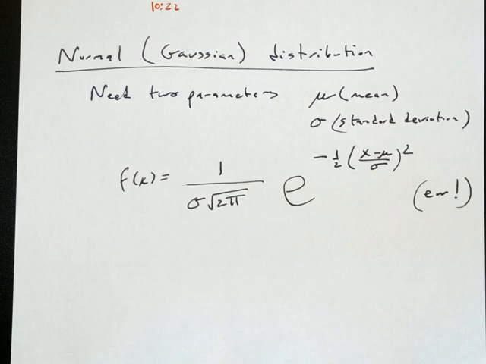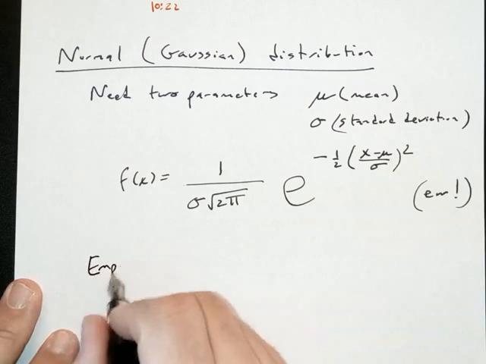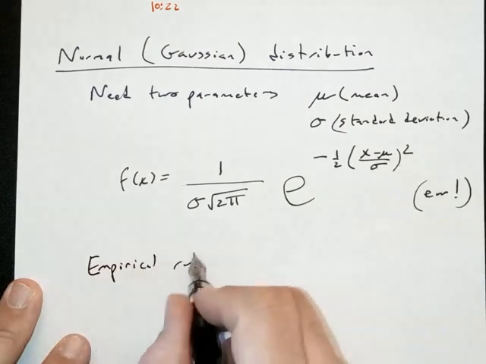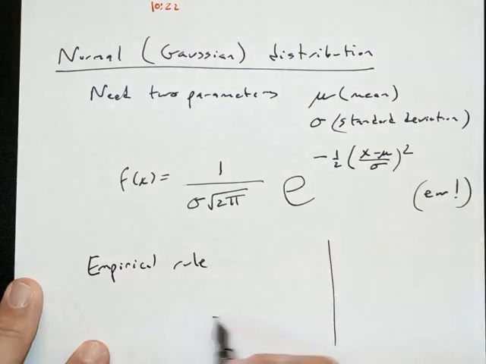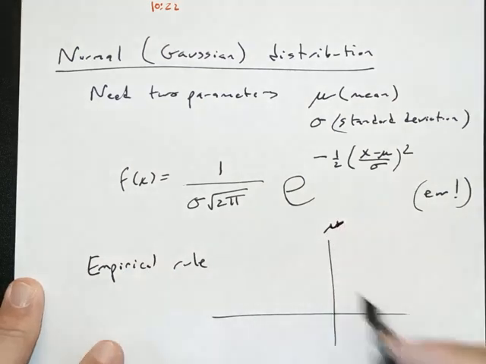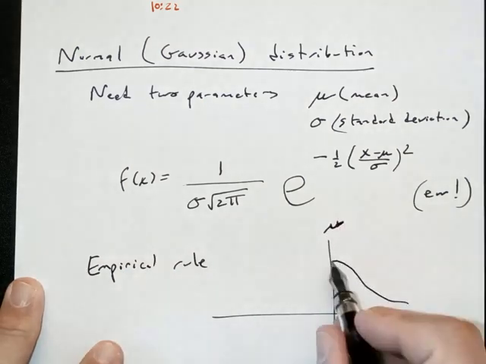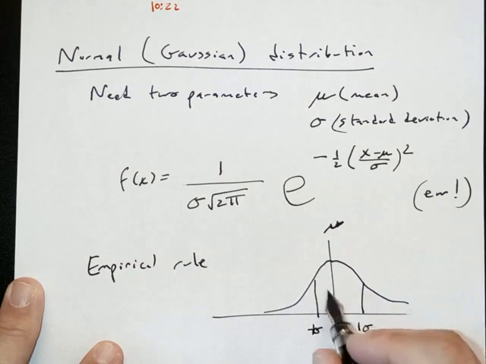Wait a minute. We had this rule for normal distributions with some percentages, didn't we? Back in chapter 4, we had that empirical rule that said that if here's my average, there's my mean, my bell curve looks something like this. If we have 1 standard deviation up or down, that's 68%.